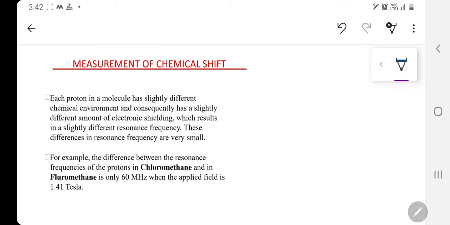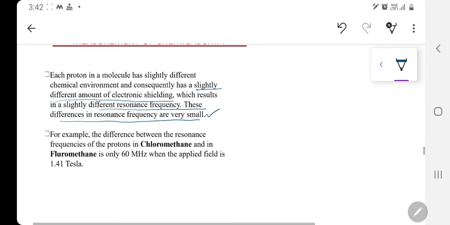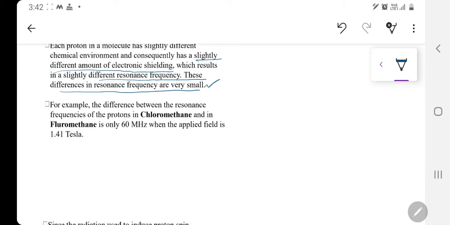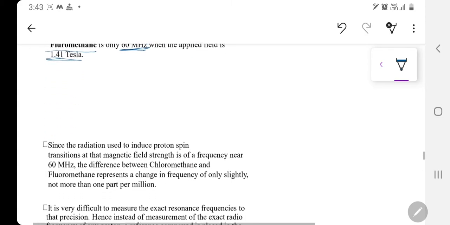Measurement of chemical shift. Each proton in a molecule has a slightly different chemical environment, a slightly different amount of electronic shielding, which results in a slightly different resonance frequency. These differences in resonance frequency are very small. For example, the difference between the resonance frequency of the proton in chloromethane and fluoromethane is only 60 Hz, and the applied field is 1.41 Tesla.